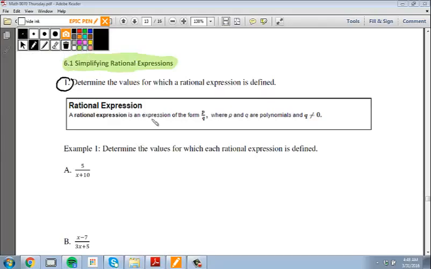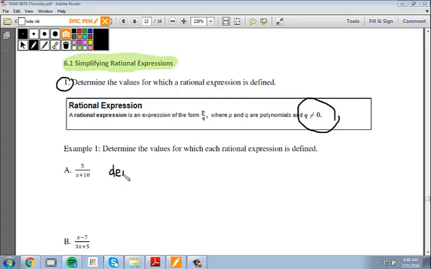So, remember that a rational expression is just going to be a fraction. It's an expression of the form p over q, where p and q are polynomials and q is not equal to 0. Meaning that it's a fraction with variables in it, or a fraction with letters in it. So, determine the values for which each rational expression is defined. Now remember, this q is not equal to 0 is just saying that the denominator cannot equal 0.